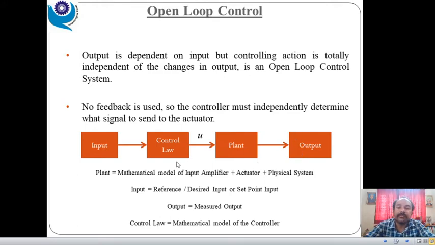The input is whatever we give, maybe a sine wave or square wave, or the input may be in the form of some physical parameter such as temperature, weather, or humidity. Or it may be an actuating movement; if you want to detect motion, that can act as an input.